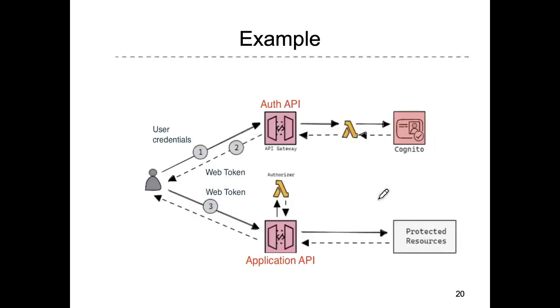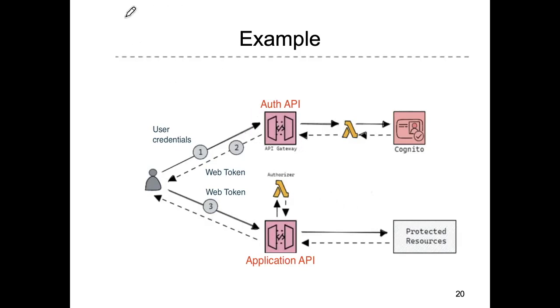This is a more detailed look at it, though, in terms of how things work. And this is a typical structure that we use for web APIs that have authentication built into them, where the authentication is managed by Cognito.